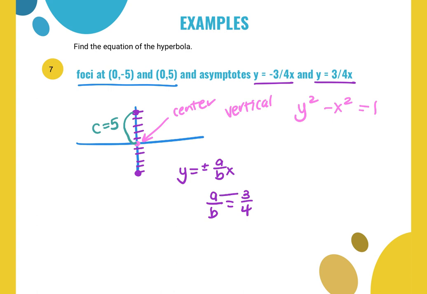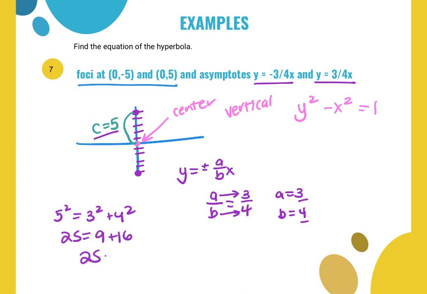I want to say that a is 3 and b is 4, but you also have to keep in mind that there are times in which those can be simplified fractions. So you want to check against your c squared equals a squared plus b squared. So 5 squared should equal 3 squared plus 4 squared. And 25 does equal 9 plus 16. So I know this is the right a and the right b.